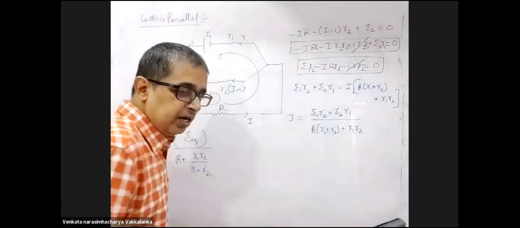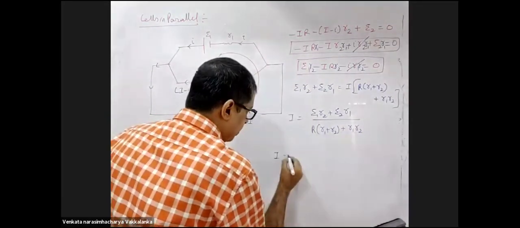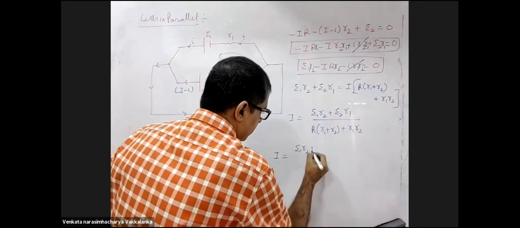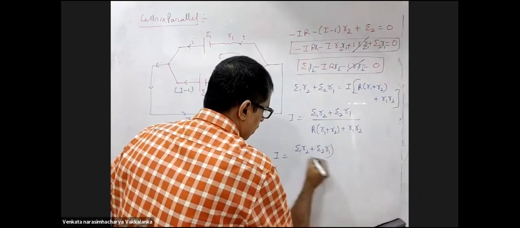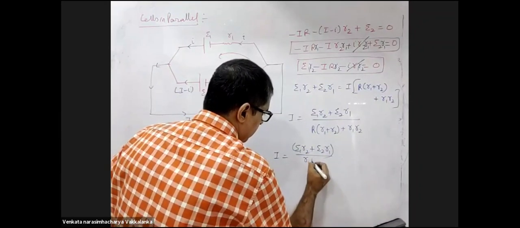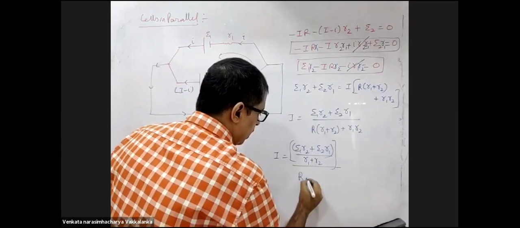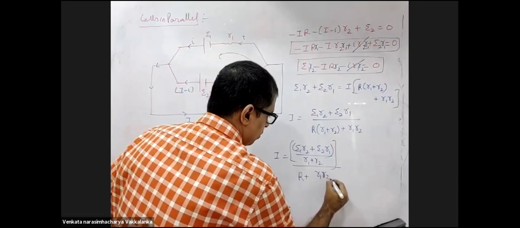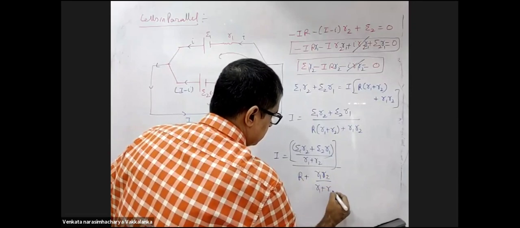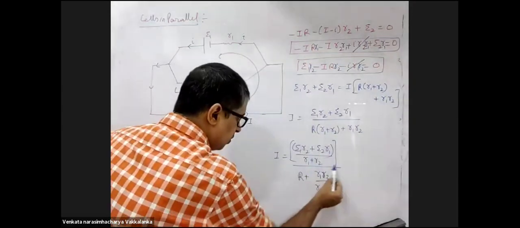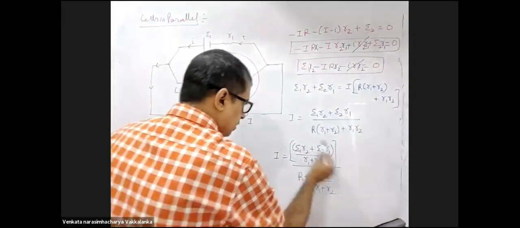Divide the numerator and denominator by R1 plus R2. You get E1 R2 plus E2 R1 divided by R1 plus R2, by R plus R1 R2 by R1 plus R2. This is my E equivalent.